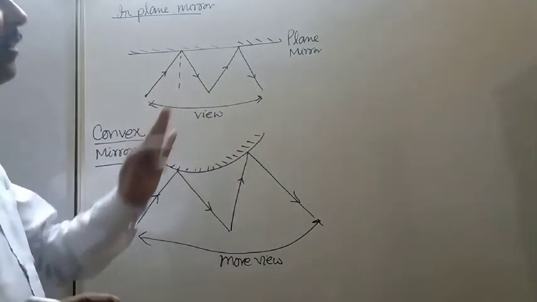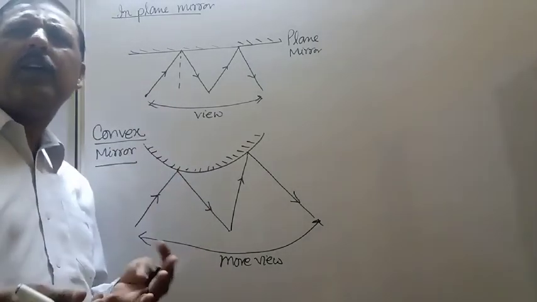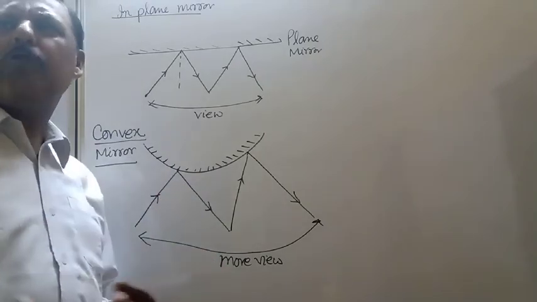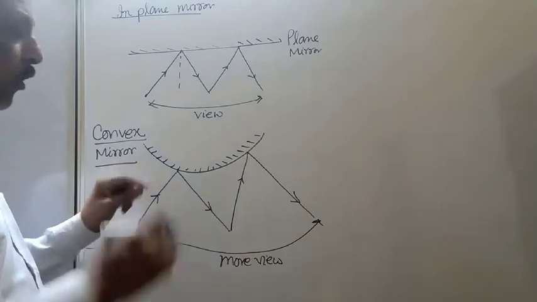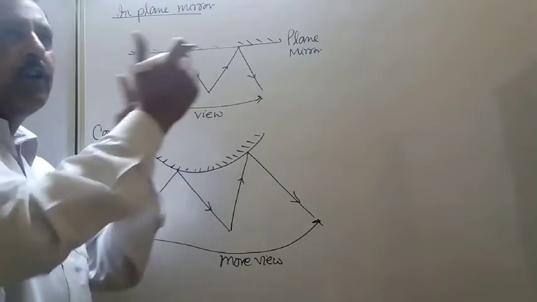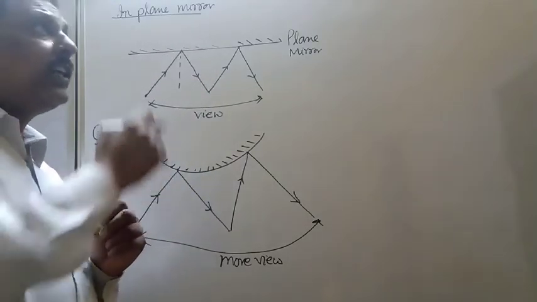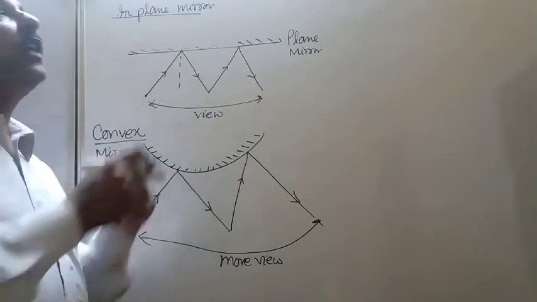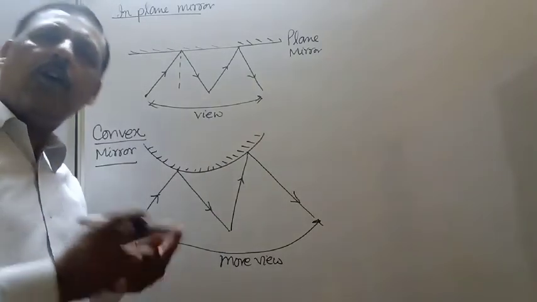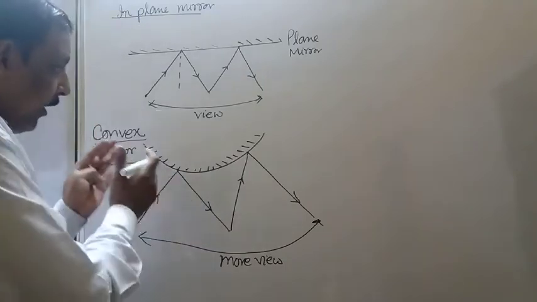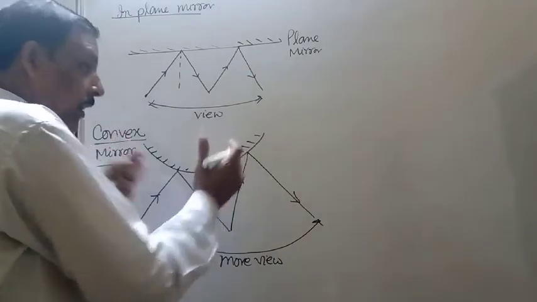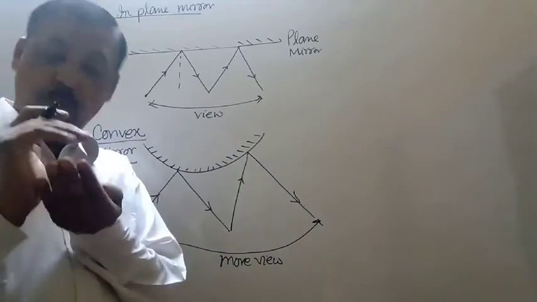Have you seen in shopping malls and so many shops, the shopkeepers place a convex mirror in front of them so that they can see the whole view of the shop? Because the convex mirror forms a small image.